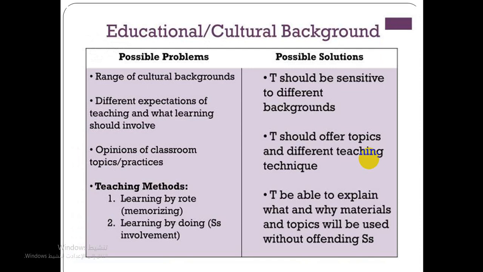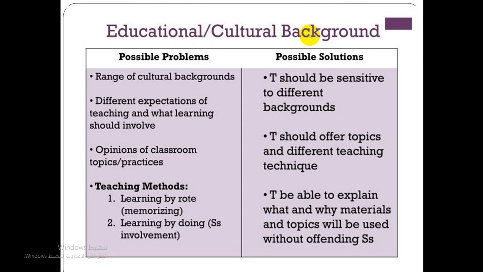Educational and cultural background. We have already discussed how students at different ages present different characteristics in the classroom. Another aspect of individual variation lies in the student's cultural and educational background.